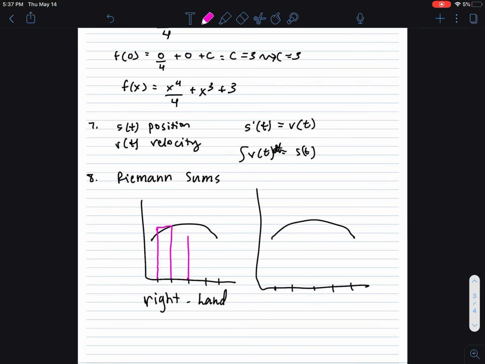Again, right hand side is hitting the line, right hand side is hitting the line.